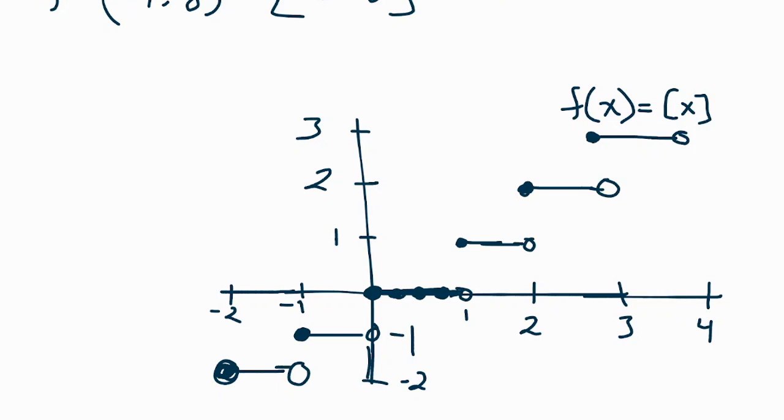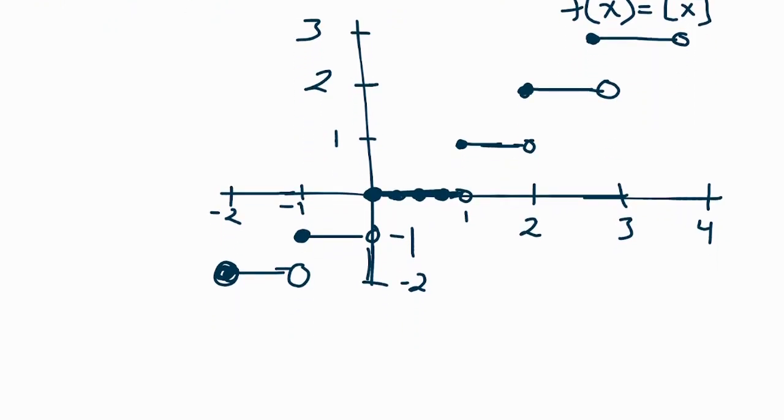Okay, ready to do a couple limit questions on our greatest integer function? How about the limit as x approaches 1 from the left of our greatest integer function? Do you know what step you're on? You're approaching 1 from the left.